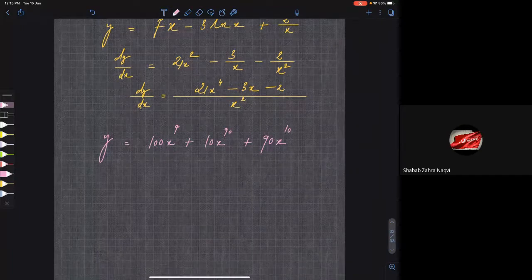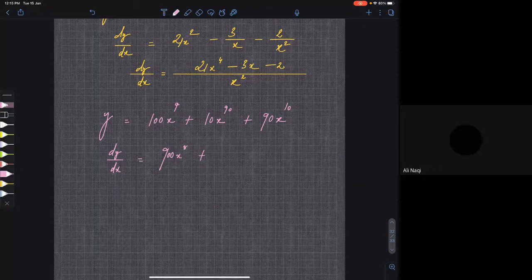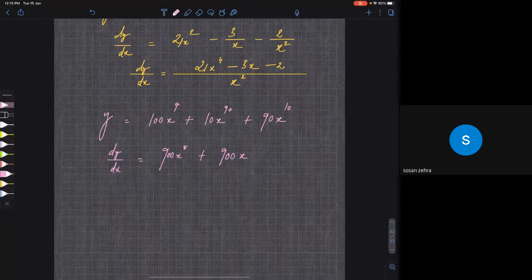Now tell me what is dy by dx? Sir, 900 x to the power 8. Do you agree? Yeah, sir. Plus 900 x to the power 89. Do you agree? Yes, sir. Plus 900 x power 9.